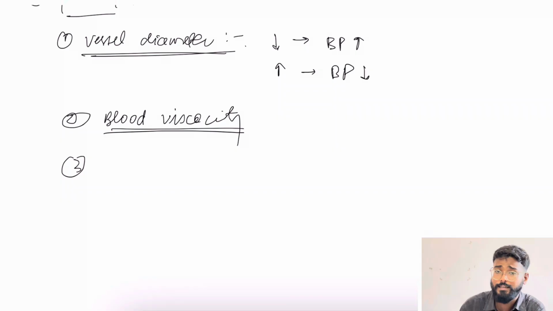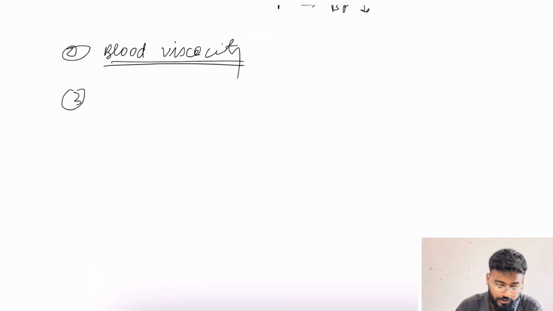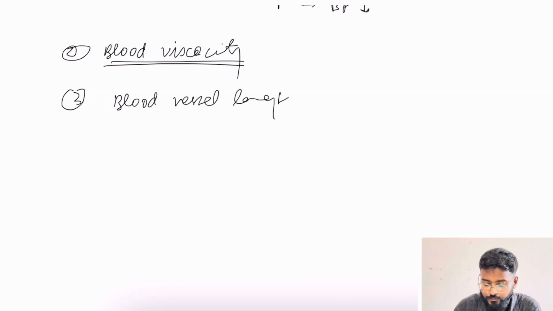So there is a direct relation of the viscosity of your blood to your systemic vascular resistance. And the third one is your blood vessel length.